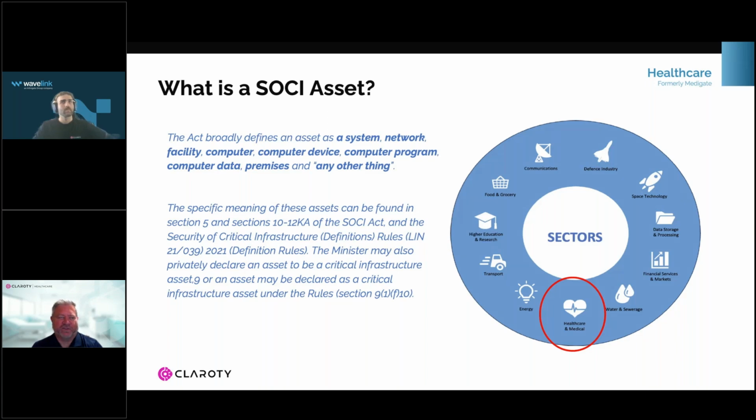And that is complicated in some respects because the meaning of the asset is difficult, because it doesn't drill down to what the asset types are. But the other complexity for healthcare organizations is, do they actually know what all their assets are? Do they have a complete list or a good CMDB to work out, okay, I've got a list of assets here. Which one of these would be deemed as critical? Which ones aren't, depending on their role, risk, but also the relationship that you have with government and government entities.